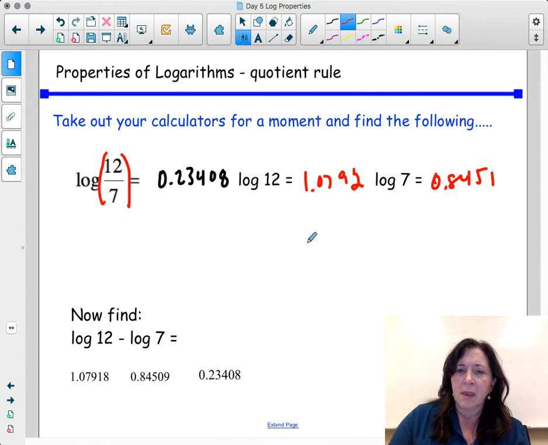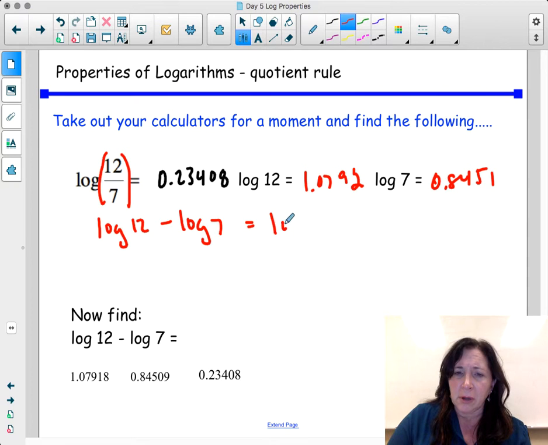0.8451. Well, if this is the case, like what I told you on the previous slide, then log base 10 of 12 minus log base 10 of 7 should equal whatever log base 10 of 12 divided by 7 is.